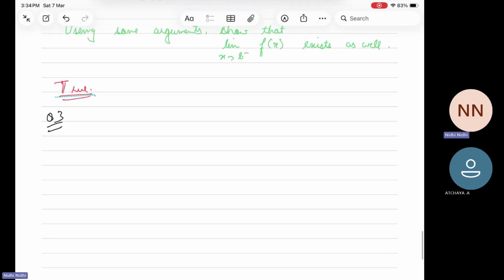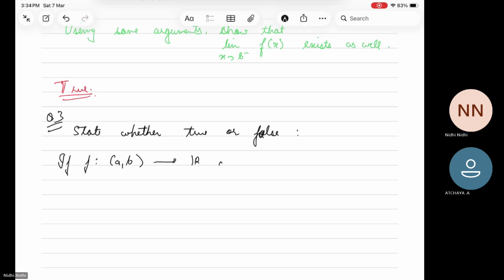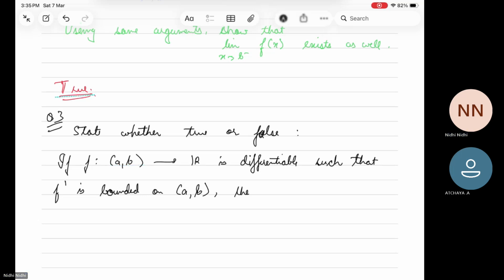State whether true or false. If f from (a,b) to R is differentiable, such that f' is bounded on the open interval (a,b), then f is uniformly continuous on the open interval (a,b).